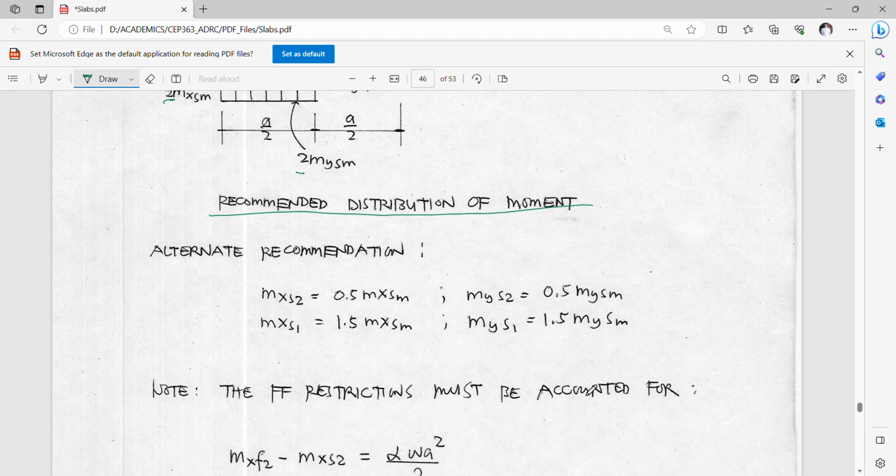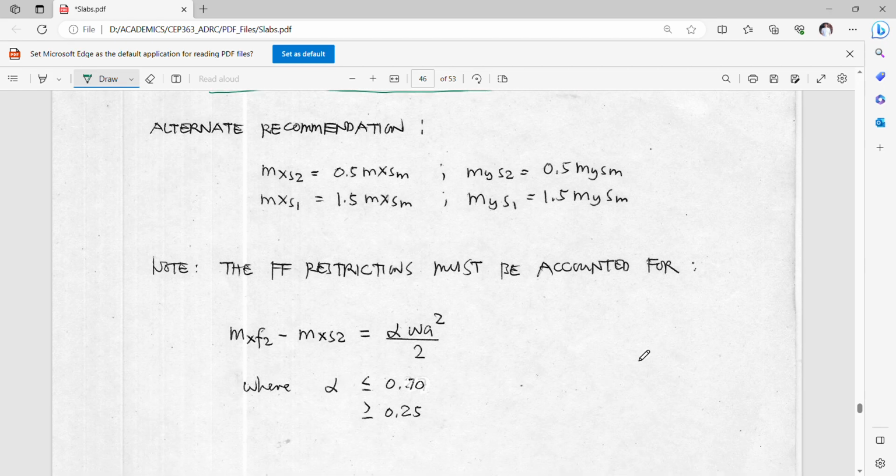Alternate recommendations may be done using 0.5 and 1.5 in terms of MXS1 and MX2 as well as MYS1 and MYS2. So the following restrictions must be accounted for in the design.